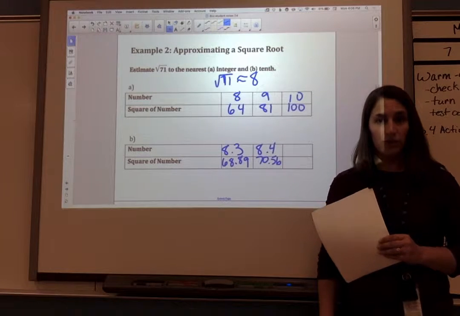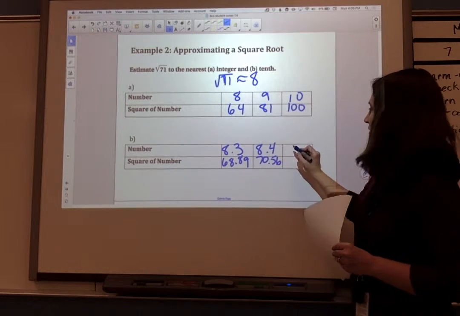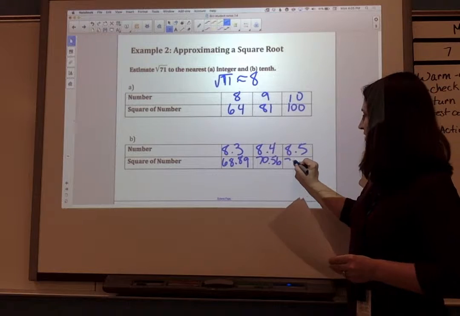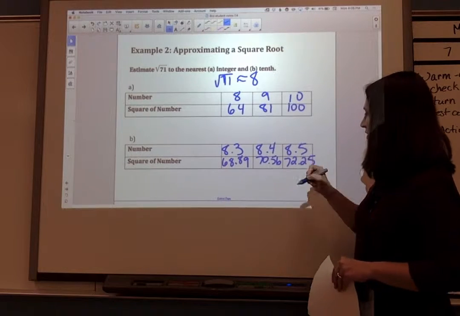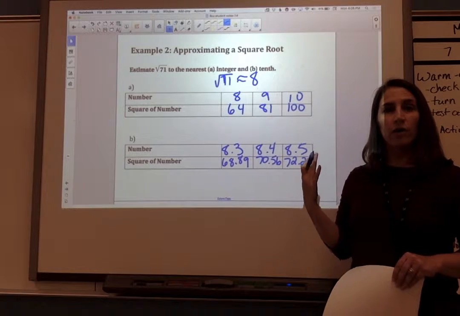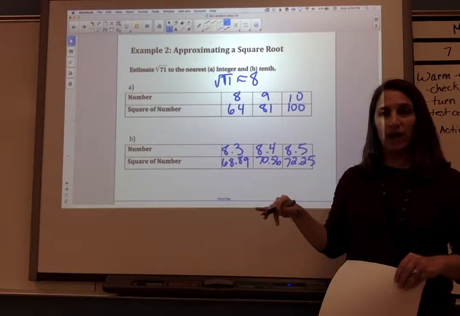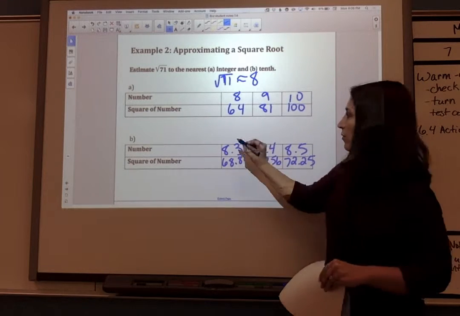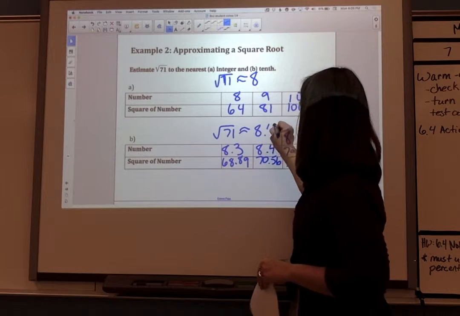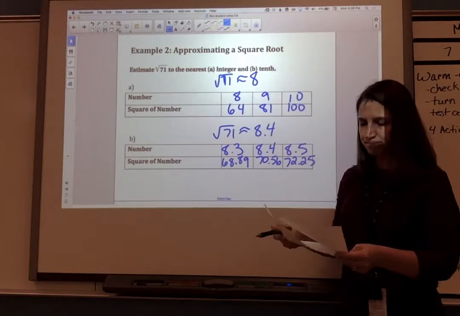So we're very close to 71. But let's go ahead and try one more to make sure that it's not closer. So 8.5 times 8.5 is 72.25. So now we're a little too high. So we know that our square root of 71 falls between 8.4 and 8.5, but closer to 8.4. So the square root of 71 is about equal to 8.4. And that's how we're going to estimate those.